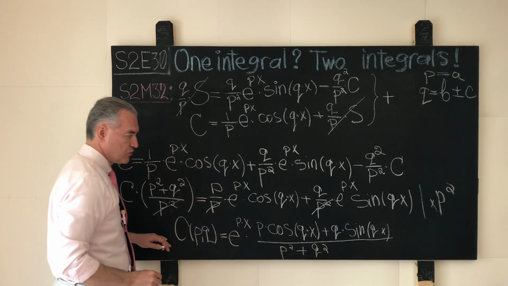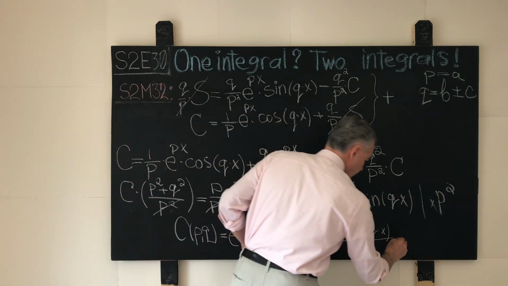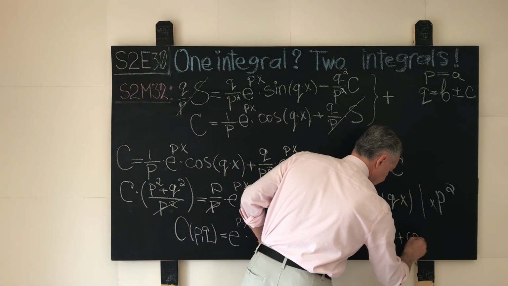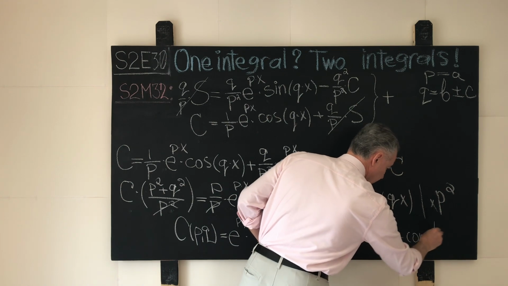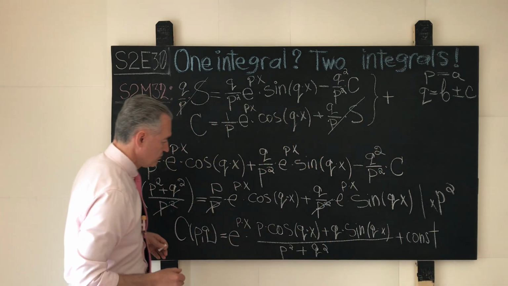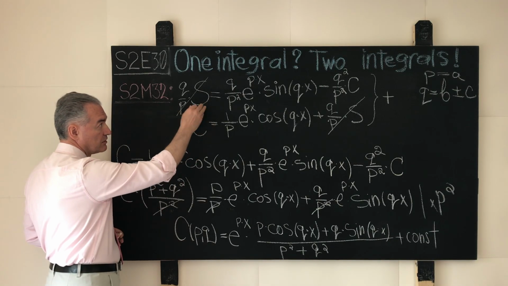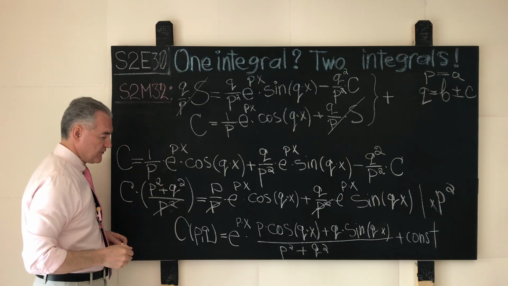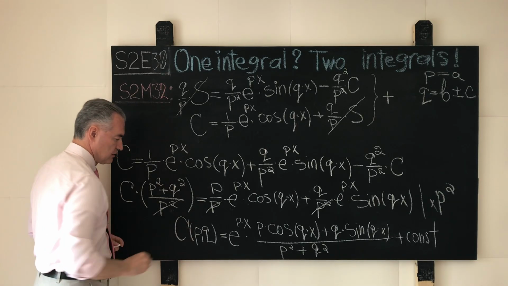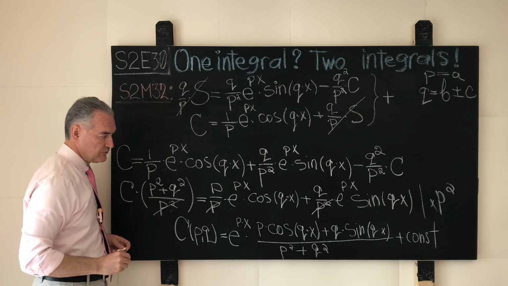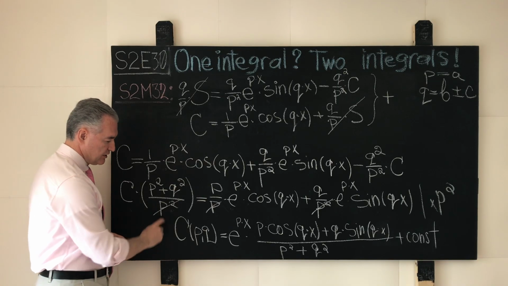Of course, to be pedantic, we need to throw in a constant of integration, and also pedantically, we need to specify the interval on which the corresponding indefinite integrals are computable. For now, we will omit this, but this is the result.